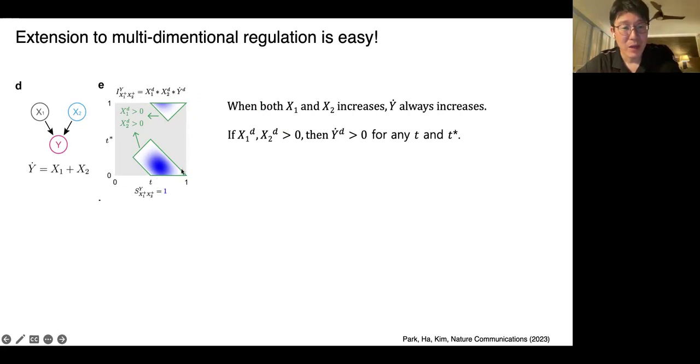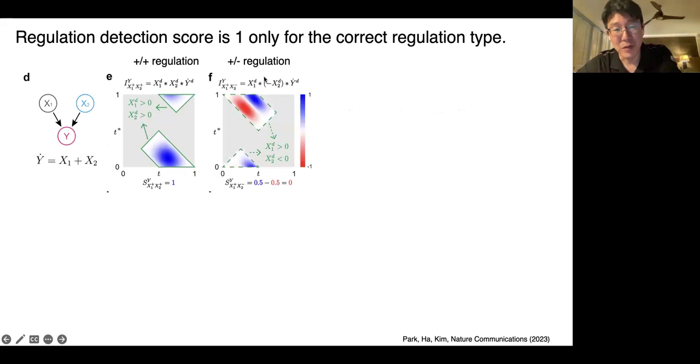Okay. What if we choose a different regulation detection function? For instance, to detect the plus minus regulation, we have to use x1d, minus x2d, and y dot d as the regulation detection function in this 2D domain. You can see that in this case, it is not always positive. There is a mixture of positive and negative regulation. In this case, we can say that there is no plus minus regulation.